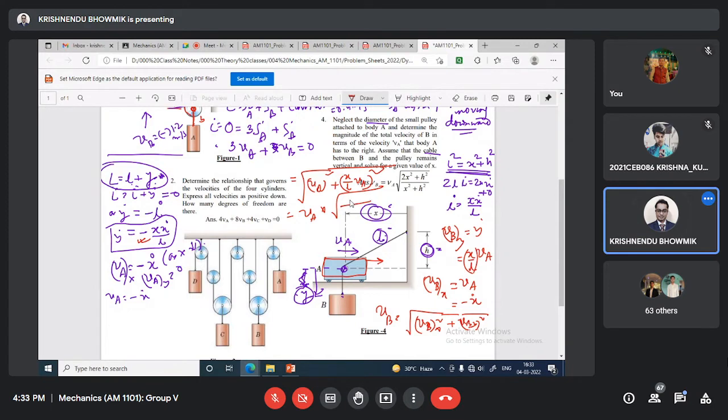L square will be the denominator: L square plus x square. L square equal to x square plus h square. If you replace this, it will be square root of 2x square plus h square by x square plus h square, multiplied by VA. That is proved. Got it? Or should I explain once more?